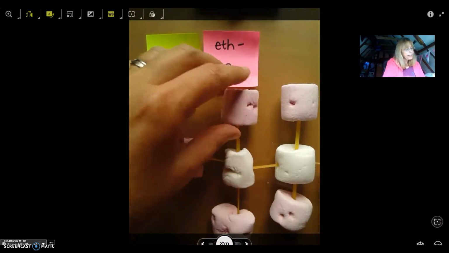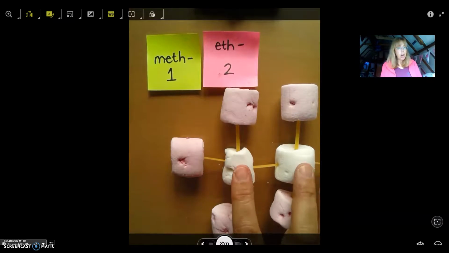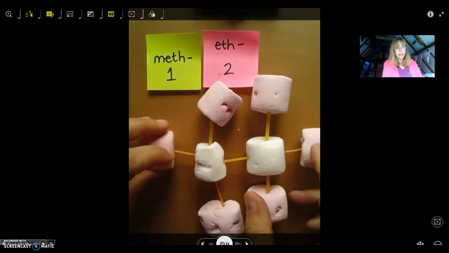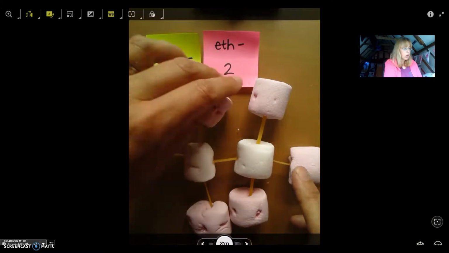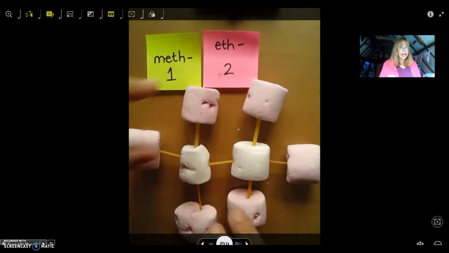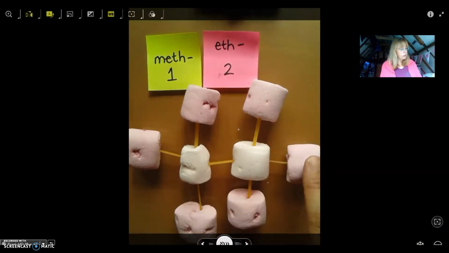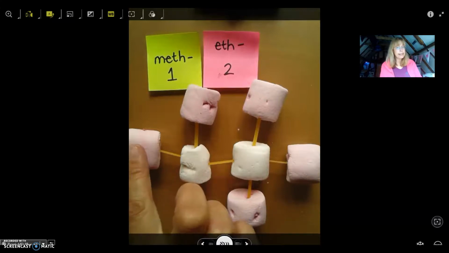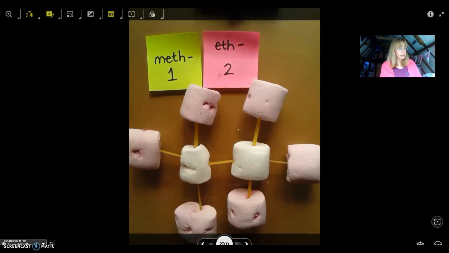So from this we can see for every 2 carbons, let me move it over, for every 2 carbons I am going to have 1, 2, 3, 4, 5, 6 hydrogens.